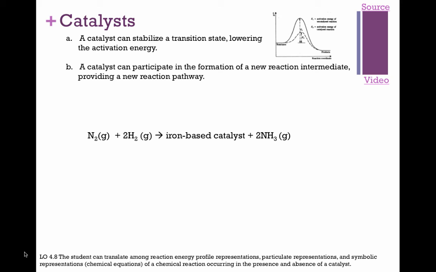A catalyst will help by allowing a new intermediate to form. But a catalyst is not used up. A catalyst is not a reactant, nor is it a product. It's just there.